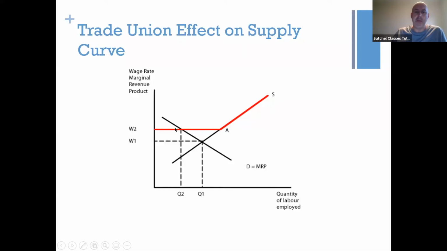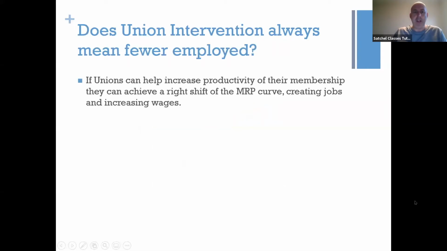We're not in a perfectly competitive market, and therefore we will have fewer people being employed. So we'll have that reduction from Q1 to Q2. At that wage, obviously they would prefer to supply more labour, but the firm won't take it. Now, that would show a reduction in employment.